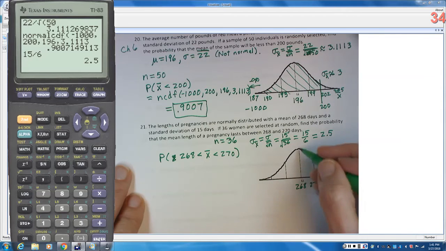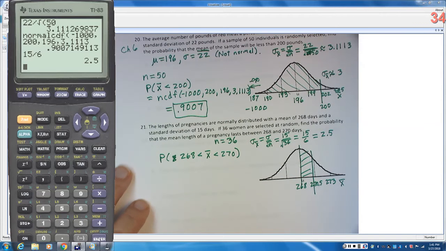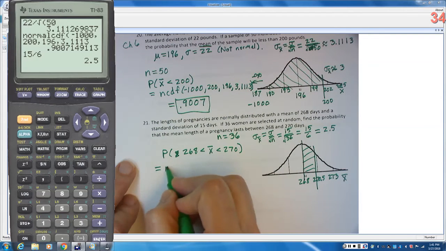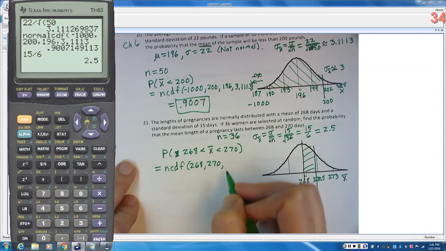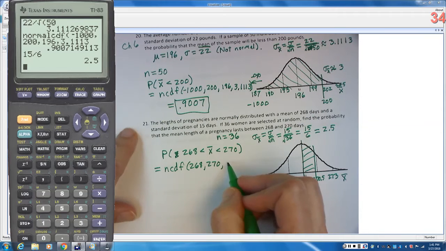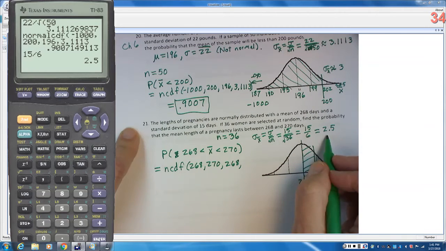So between 268 and 270 is this little area. It should be less than 0.34. It's going to be normal CDF: the lower limit, the upper limit, the mean was 268, and the standard deviation, the new one, is 2.5.